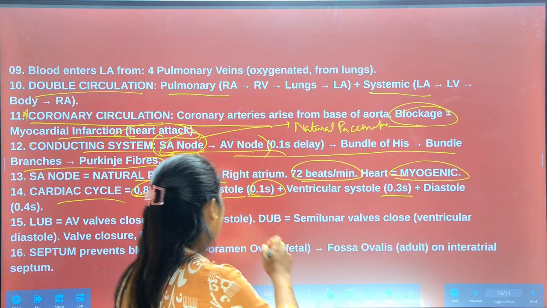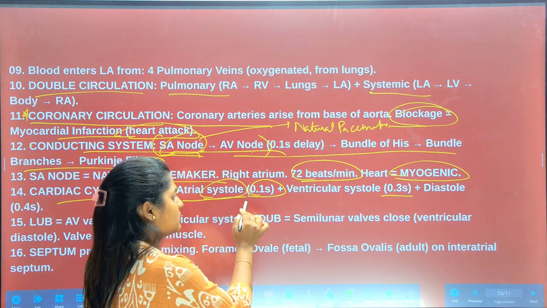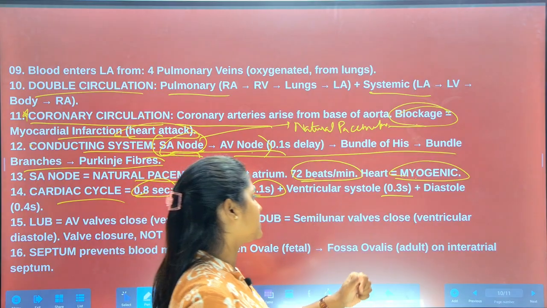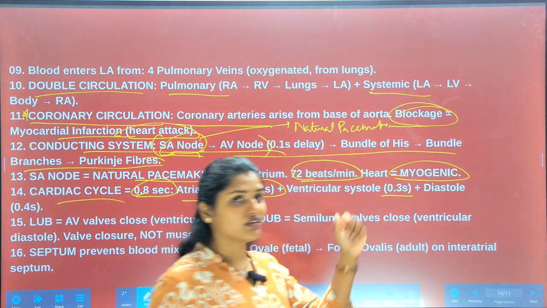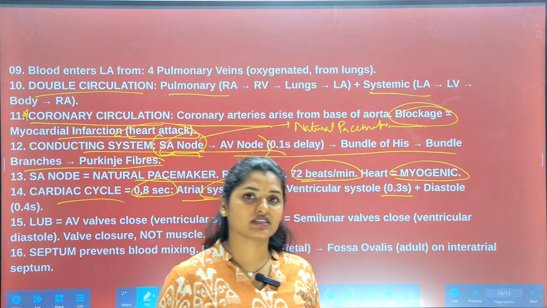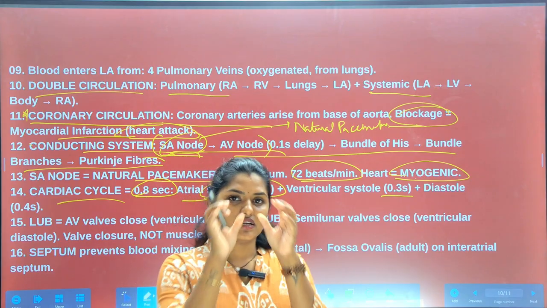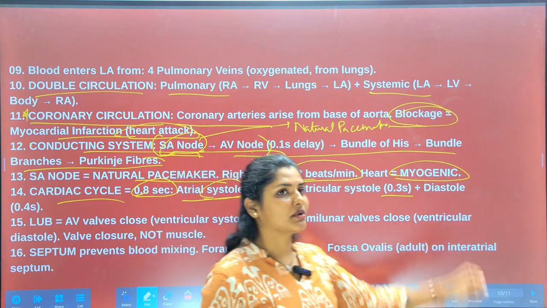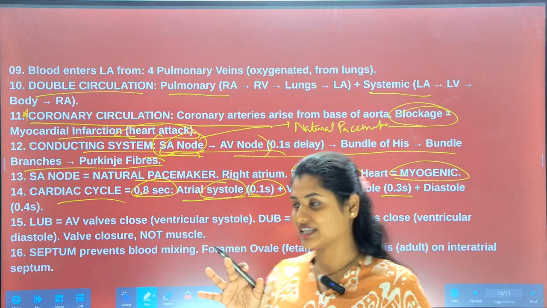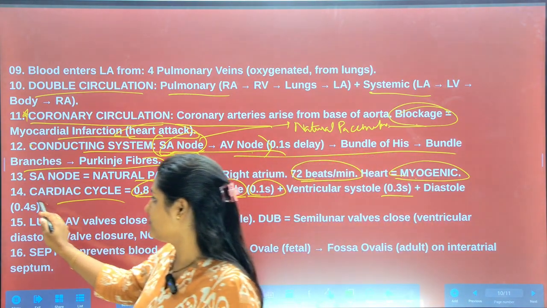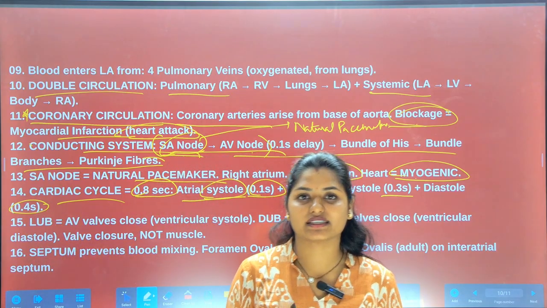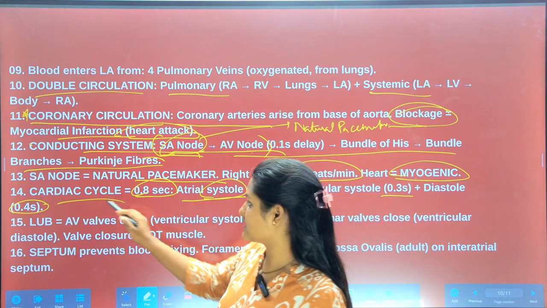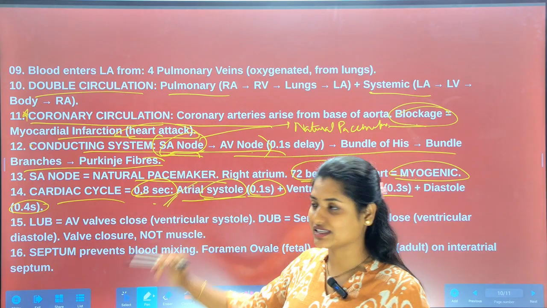And coming to diastole, 0.4 second is enough for relaxation. So total 0.8 second. That's why the cardiac cycle occurs in 0.8 seconds.